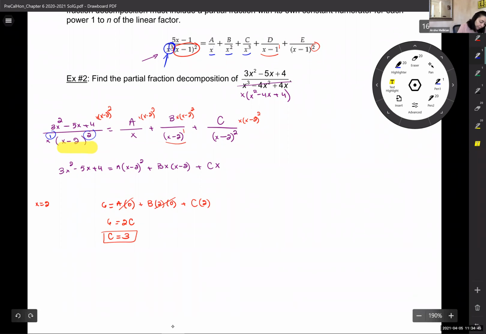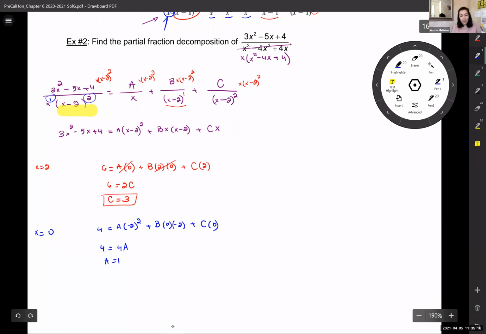Now I can plug in x equals 0 to make one of them go away. So I get 4 equal to A times negative 2 squared plus B times 0 times negative 2 plus C times 0. So 4 equals 4A, A is 1.